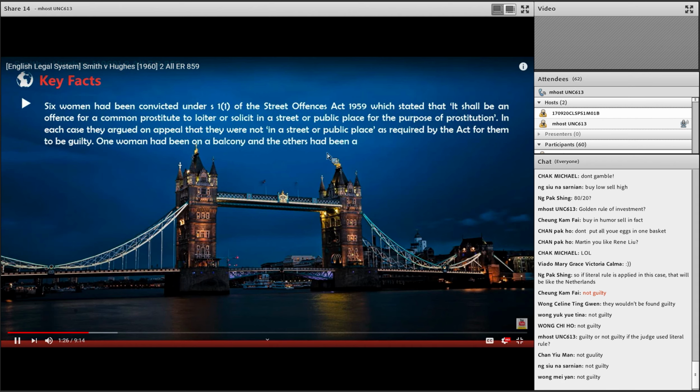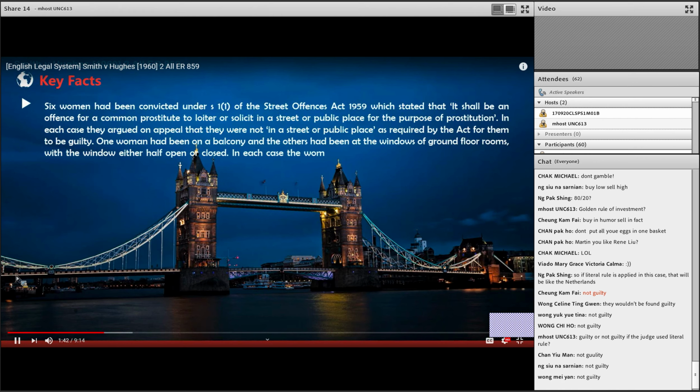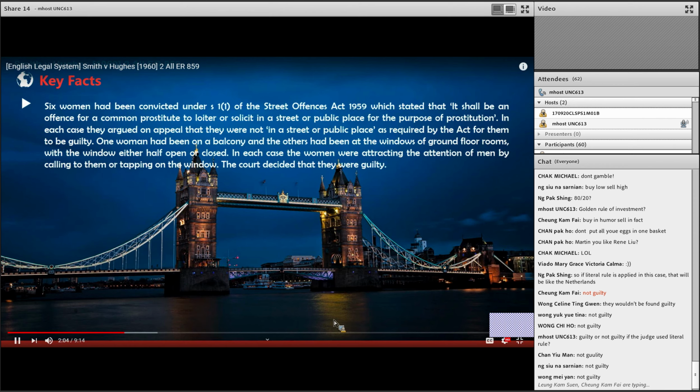One woman had been on a balcony and another had been at the window of a ground floor, with the window either half open or closed. In each case, the women were attracting the attention of men by calling to them or tapping on the window. So the effect was more or less the same. They could attract a lot of men. The court decided they were guilty.